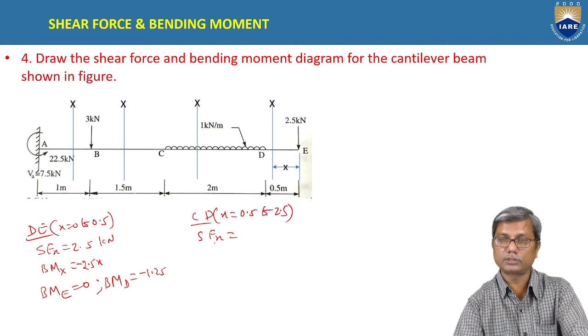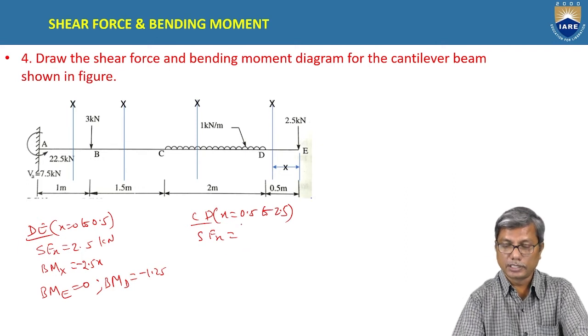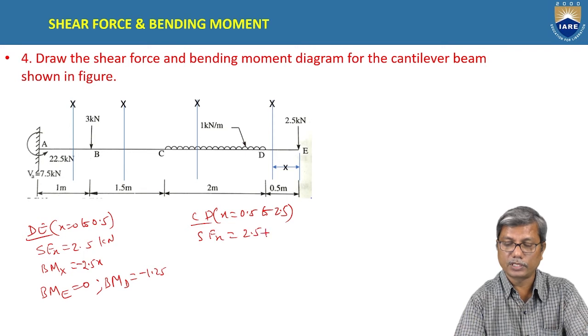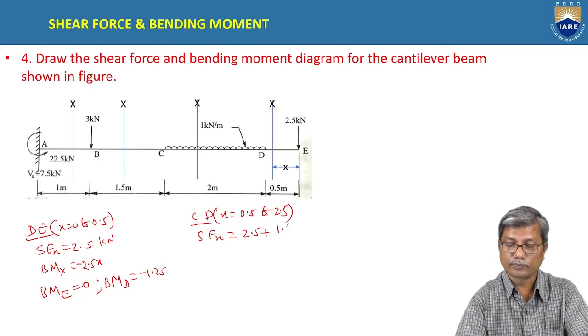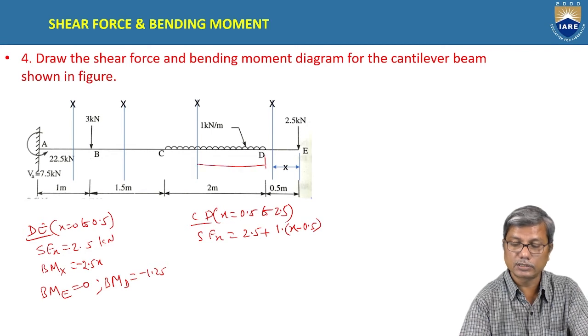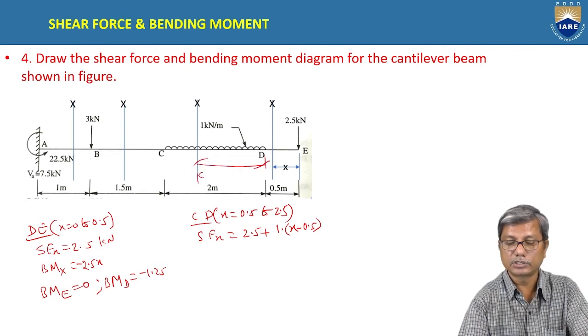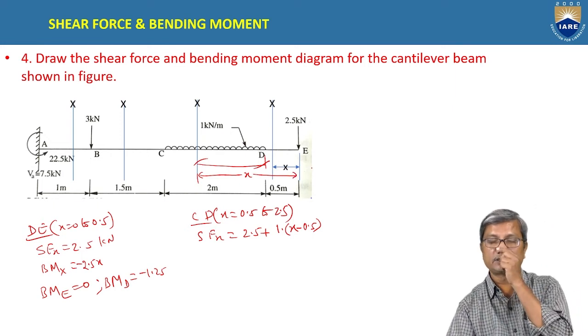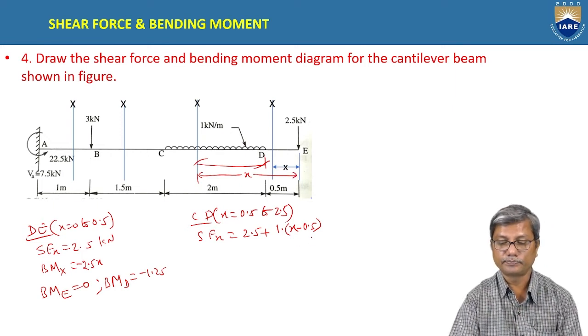So shear force also is dependent on X. So shear force at X is now 2.5 plus intensity of load, 1, into distance. Length of UDL means you have to consider this length, and X we are taking from A. So length of UDL is X minus 0.5.